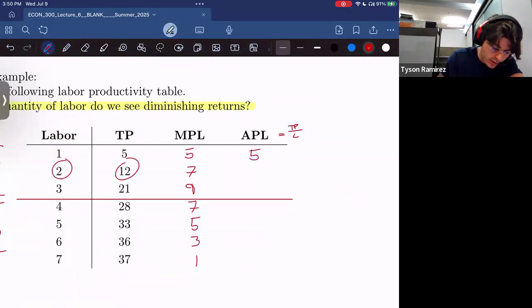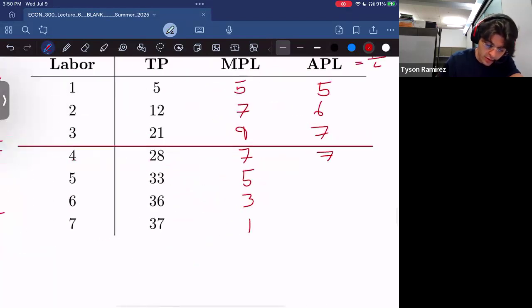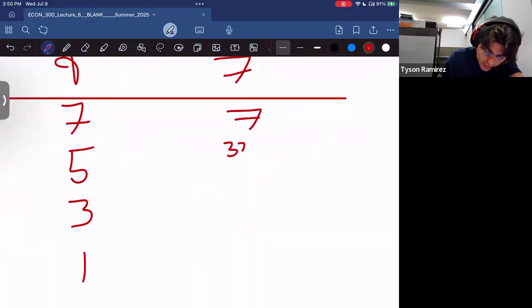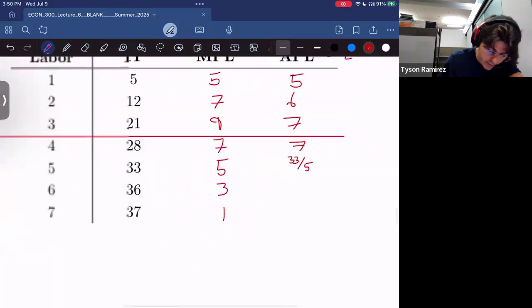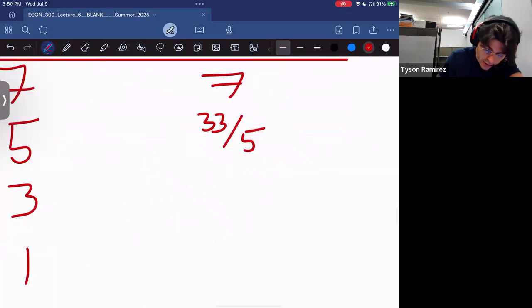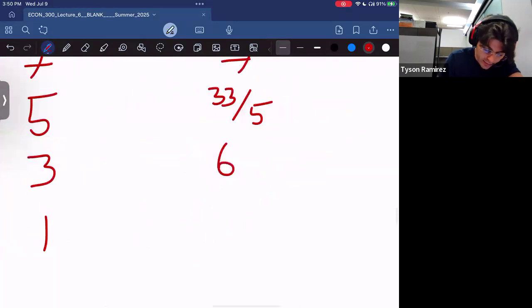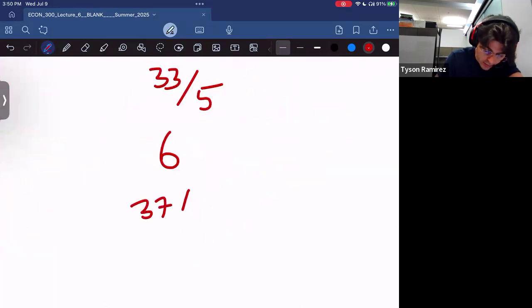And then 12 divided by 2 is going to be 6. 21 by 3 is going to be 7. 28 by 4 is going to be 7. And then I'm going to just do the fractions for this one. We have 33 over 5. And then we have 36 over 6, which is just 6. Then we have 37 over 7.